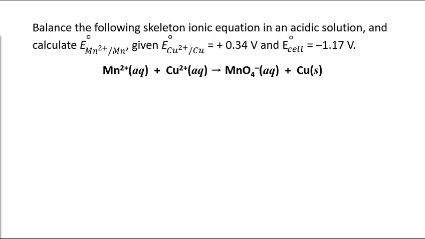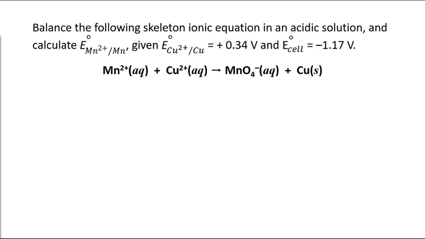Using the equation I'm giving you, you can see that Mn2 plus aqueous plus copper 2 plus aqueous produces MnO4 minus aqueous and copper solid. One thing you should notice just by looking at this is that on the left hand side you have no oxygens, and on the right hand side you have 4 oxygens. So somewhere in the balancing steps, you have to figure out how to balance the oxygens.